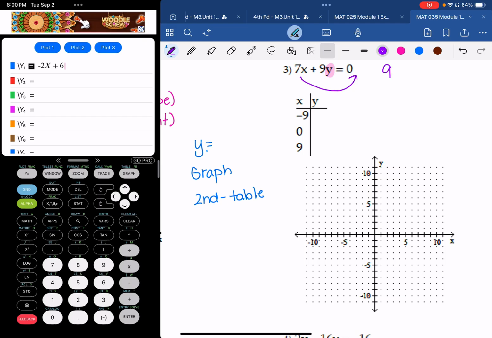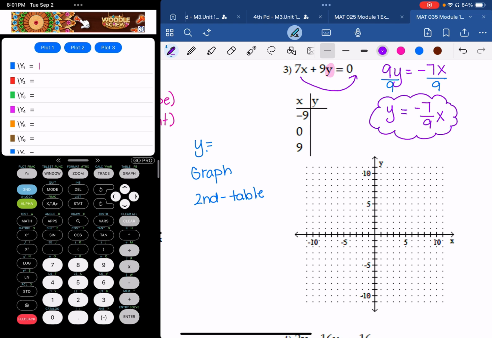We're going to take this and we're going to move that over there. So 9y equals negative 7x. Then I'm going to divide both sides by 9. And so that leaves me with y equals negative 7/9 x. And now I have an equation that's solved for y.